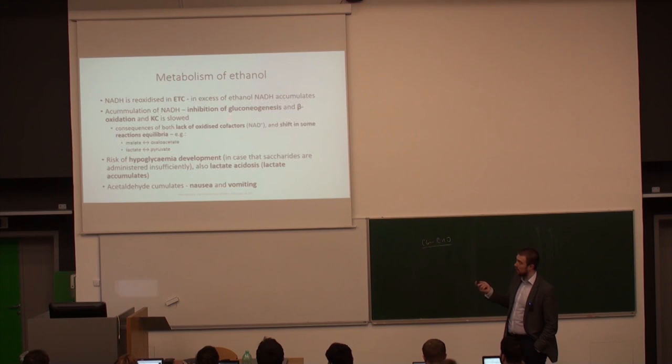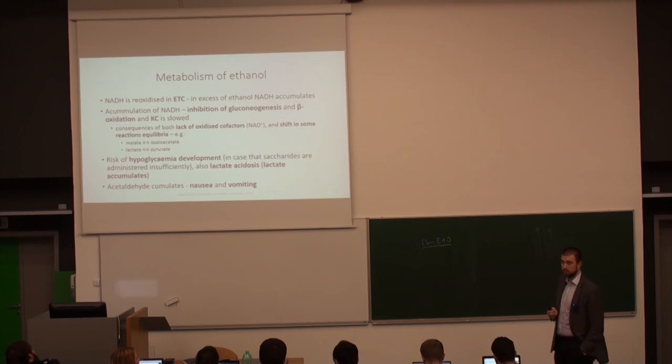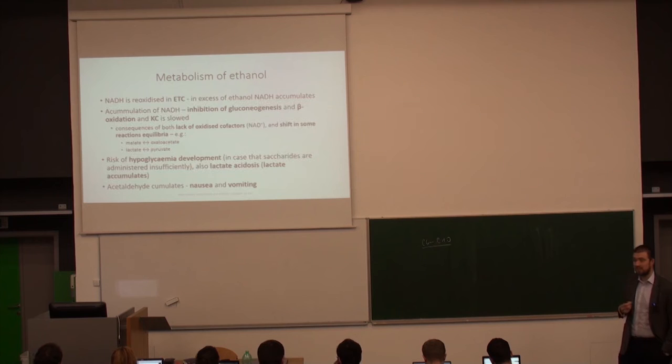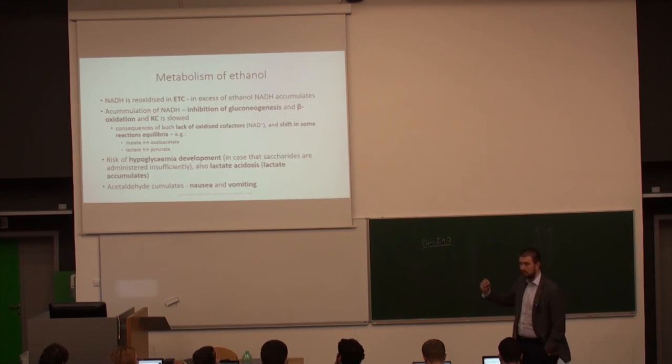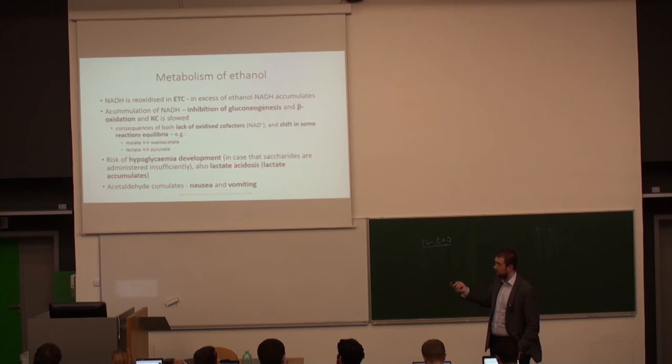And this will inhibit gluconeogenesis. For gluconeogenesis you need pyruvate and oxalacetate, but if you keep them in the reduced form, you cannot run gluconeogenesis. And therefore, the high consumption of ethanol could result in hypoglycemia also.